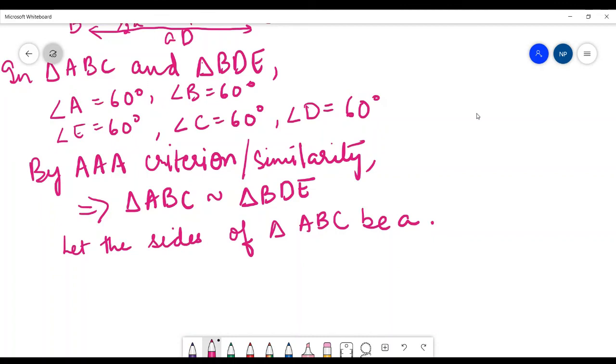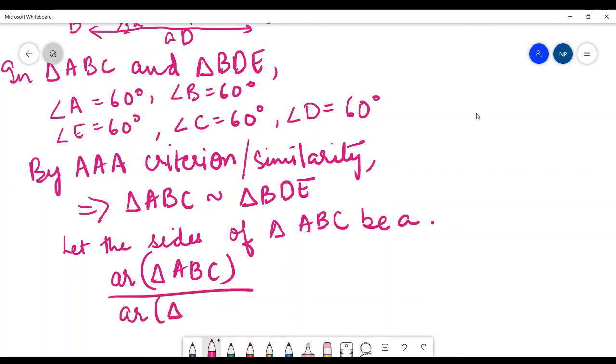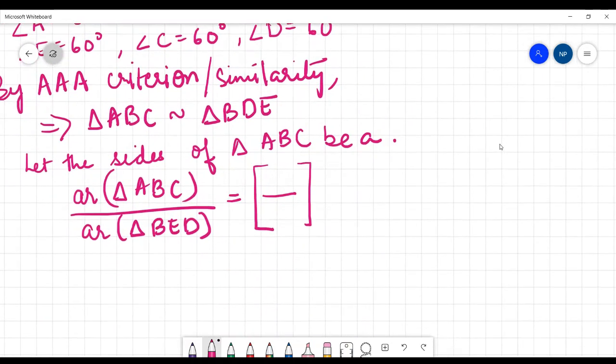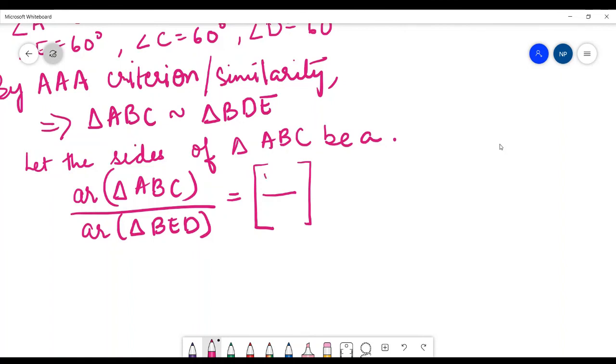So from here we can write that area of triangle ABC upon area of triangle BED is equal to, we can take any two corresponding sides, right? So over here we can take this corresponding side BC upon BD, whole square. What is the value of BC?